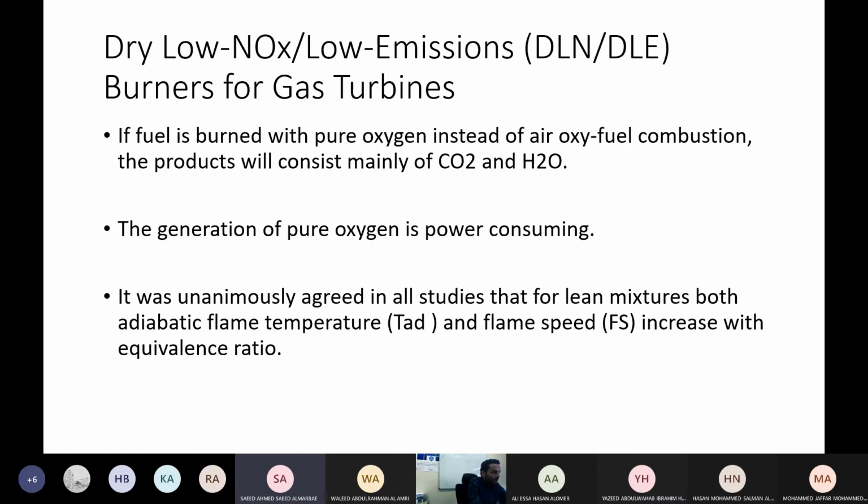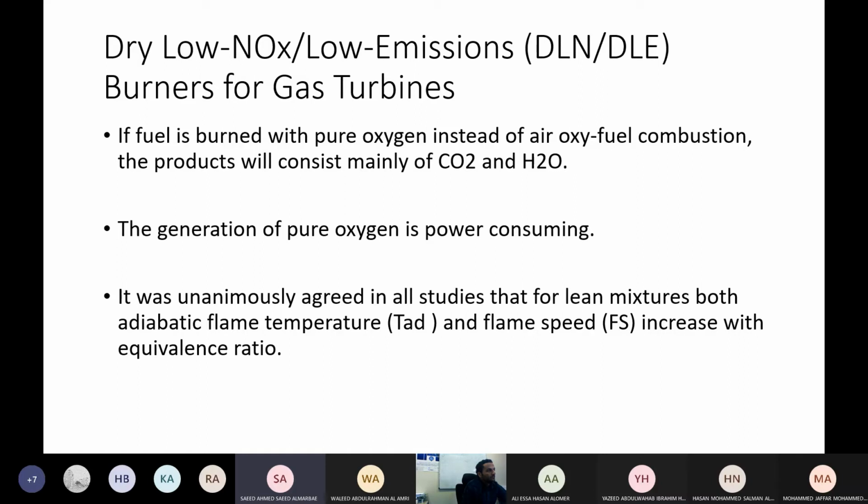So this will lead to reduce the emission of nitric acid and the carbon dioxide, which will be easily captured and separated from the water. Also, this will lead to reduce the size of the tank compared to the tank that comes with the air. Although this method is easy for us, it requires a huge power for producing oxygen.